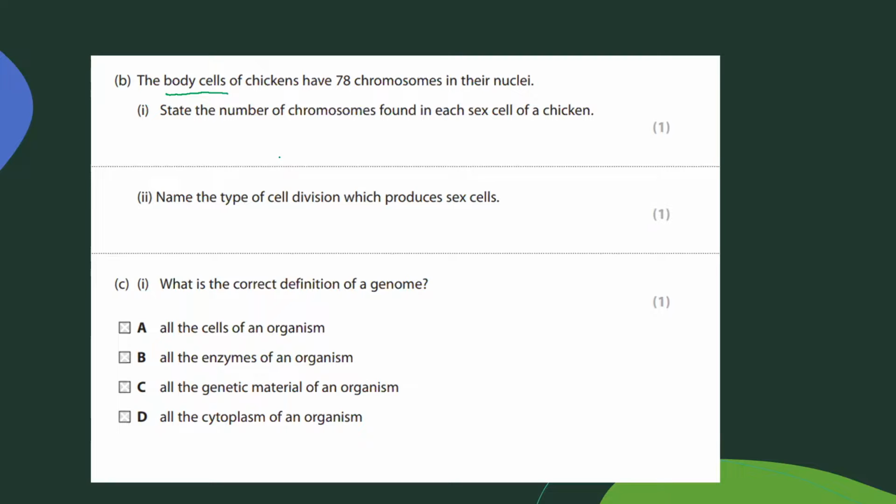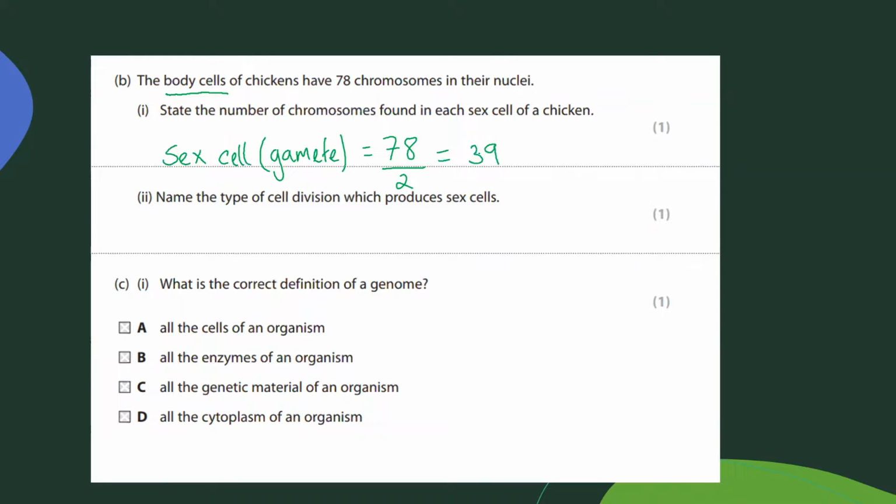If you remember the gametes, the sperm and egg cells, chickens also have sperm and egg cells, they would be half of that. So a sex cell, a gamete, 78 divided by 2 is 39.